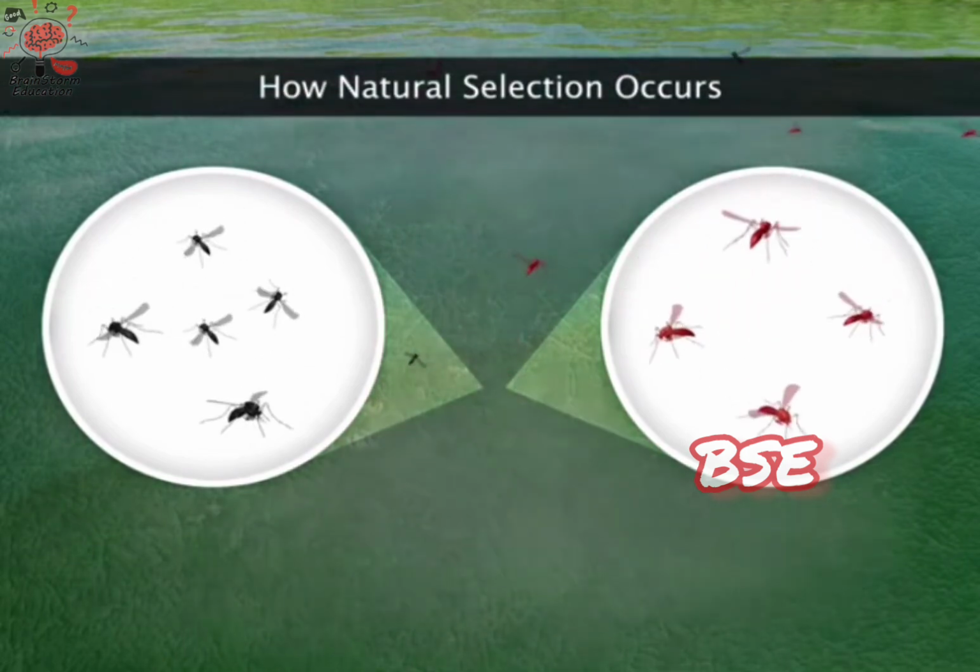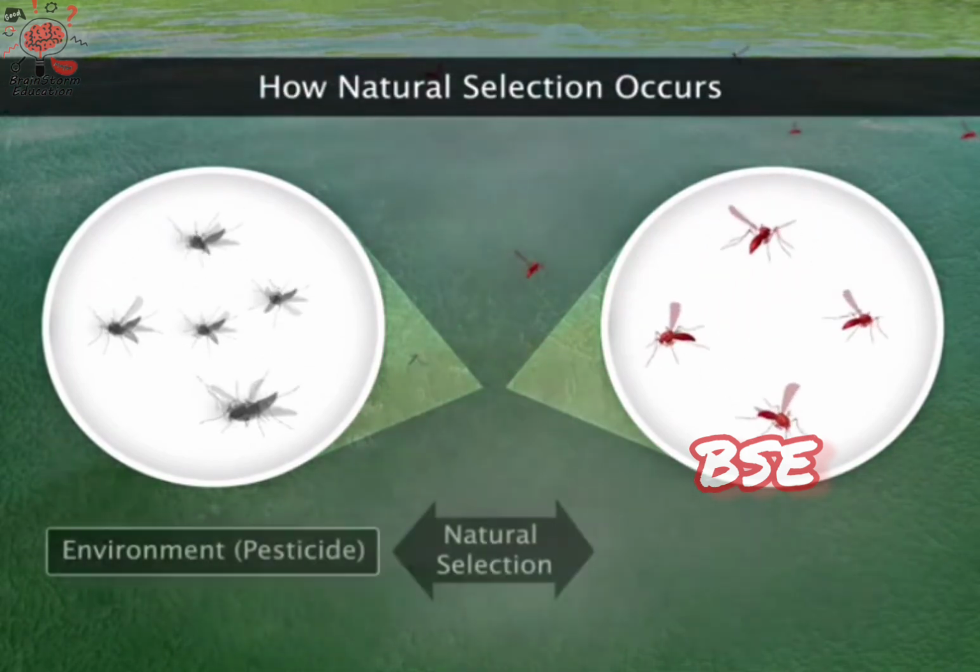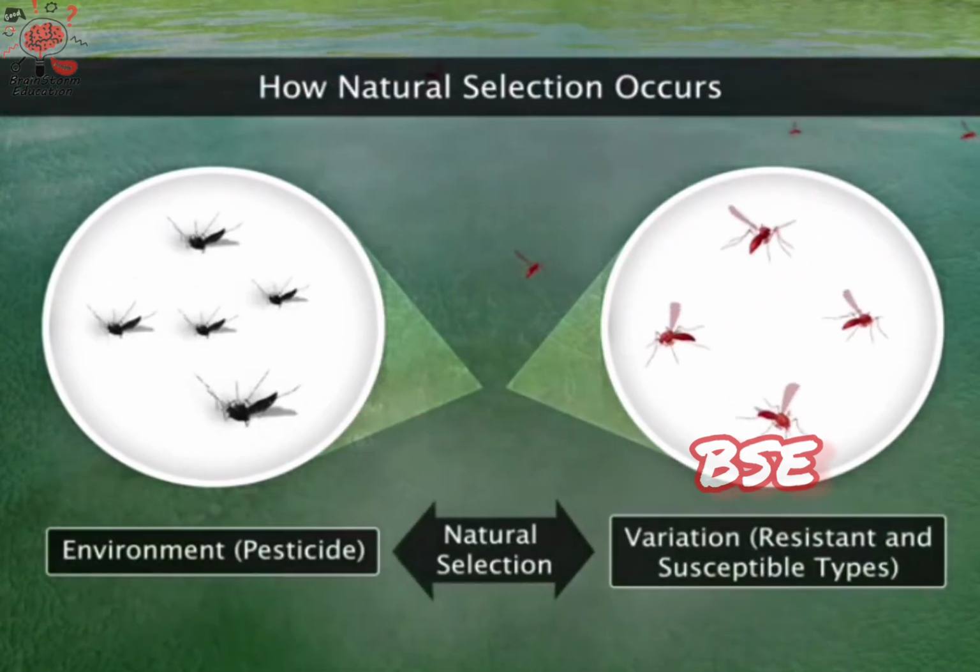Natural selection occurs through an interaction between the environment and the variation. The relevant aspect of the environment in our example is the pesticide, and the variations are susceptibility and resistance.